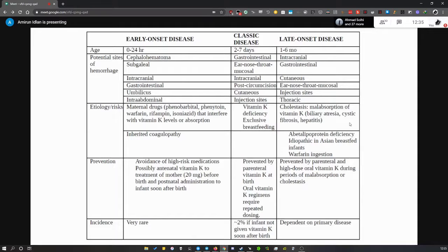Because the newborn receives less vitamin K, so there is a higher chance of bleeding. Is it the same as the sterile gut? Yes, it's the same, the flora. The flora is not well formed yet. The flora needs exposure to the enteral diet.